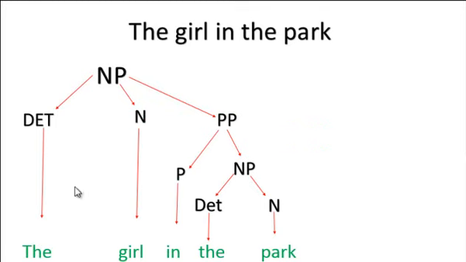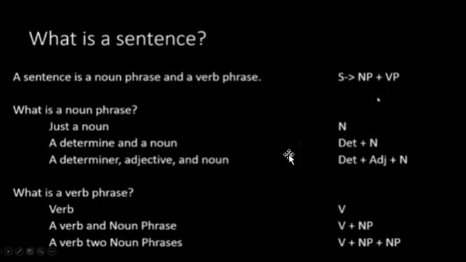The determinate and the noun girl is a noun phrase. It's a noun phrase because it has a determinate and a noun, as I told you before in the first explanation. Okay? Now we're going to continue.